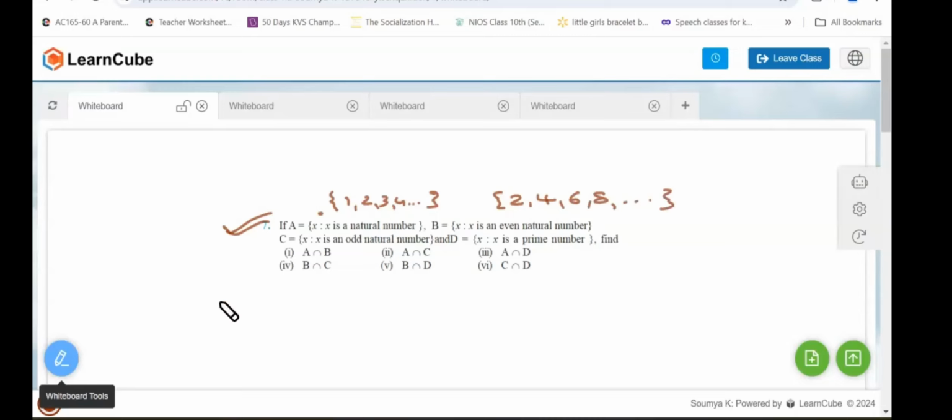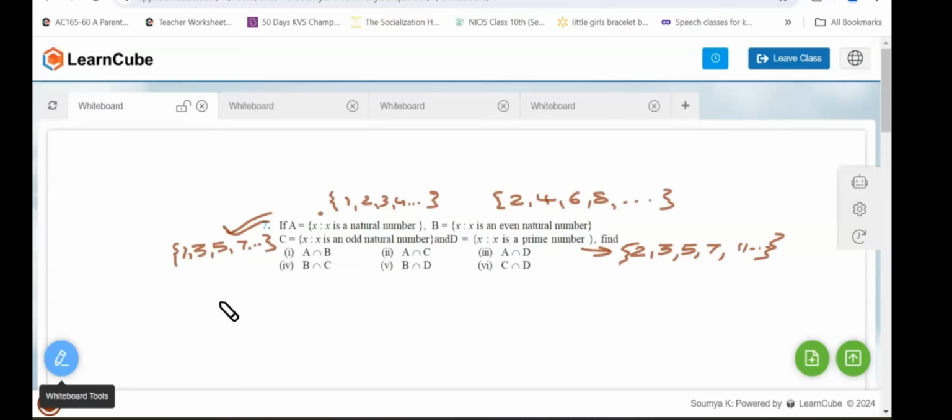C set says it is an odd natural number. That means natural number but odd. So 1, 3, 5, 7 like that. Then comes your D, that is it is a prime number. So prime numbers are 2, 3, 5, 7, 11 like that. These are the 4 sets given to you.